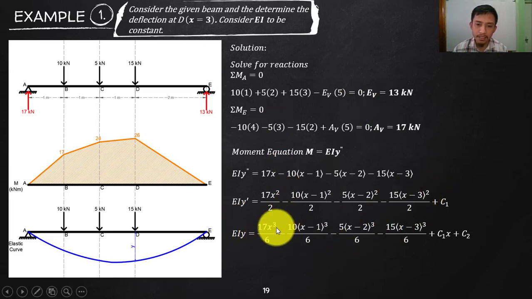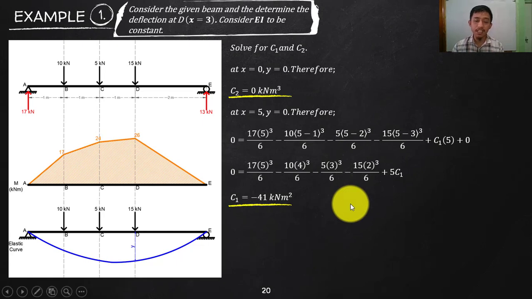Multiply again another x, or meter, will be kilonewton meter cubed. So entirely your C2 should be kilonewton meter cubed, and the entire expression is kilonewton meter cubed, so that if we divide it by E multiplied by I, the units cancel, and you will end up with entirely meter, which is the distance unit for y.